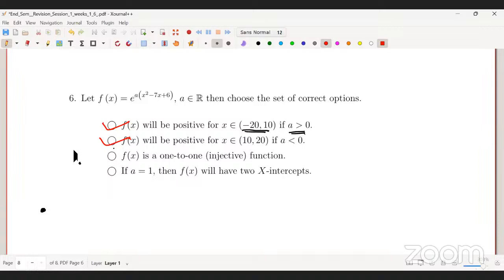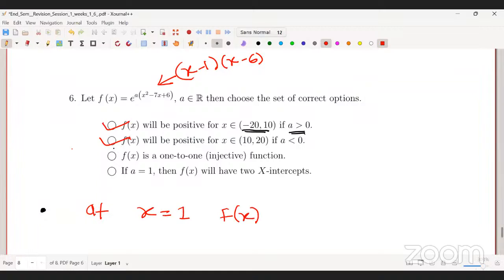If you factorize this, then you have x minus 1 times x minus 6, right? So at x equal to 1, f of x is what? It's 1, sir, because you will get e power 0, which is 1. So x equal to 6 also will give you 1.